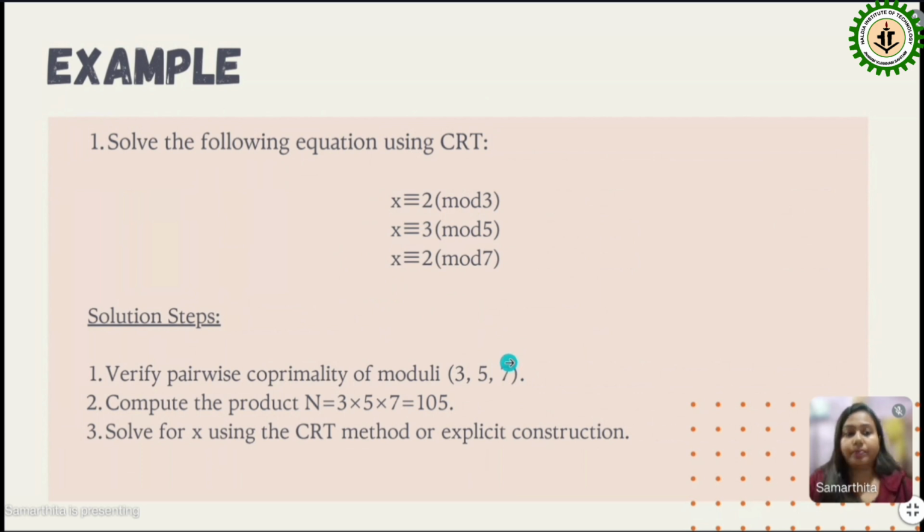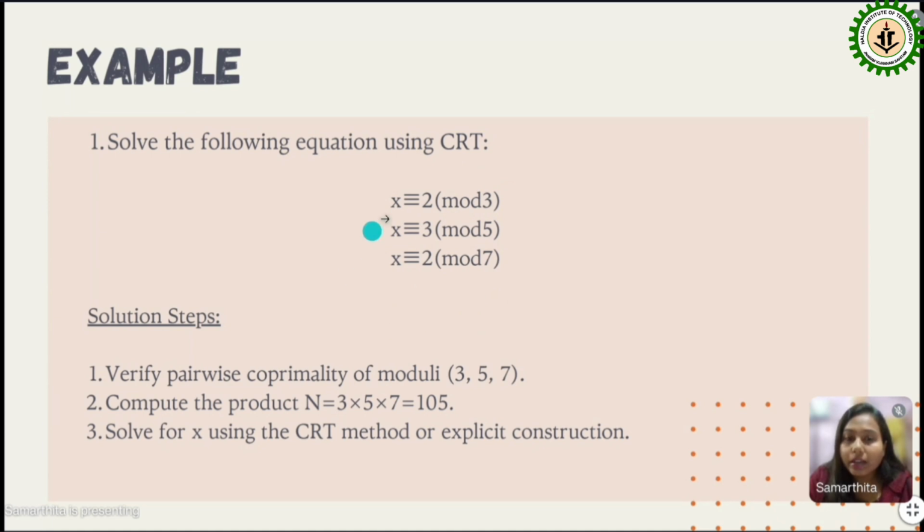This is the first verification step, that these equations satisfy the Chinese remainder theorem. Let's move forward to the next step: compute the product capital N, which is n1 times n2 times n3.